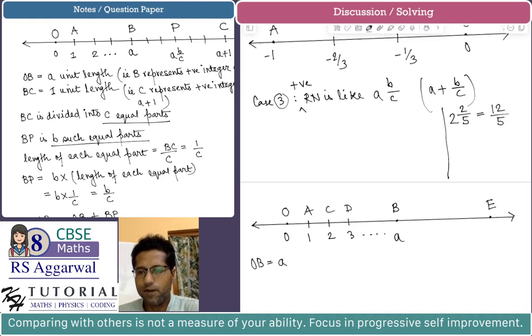I have marked the point B on the real line to the right hand side of the origin O at distance a units from O. Why a units? Because a is the whole part of the given rational number.